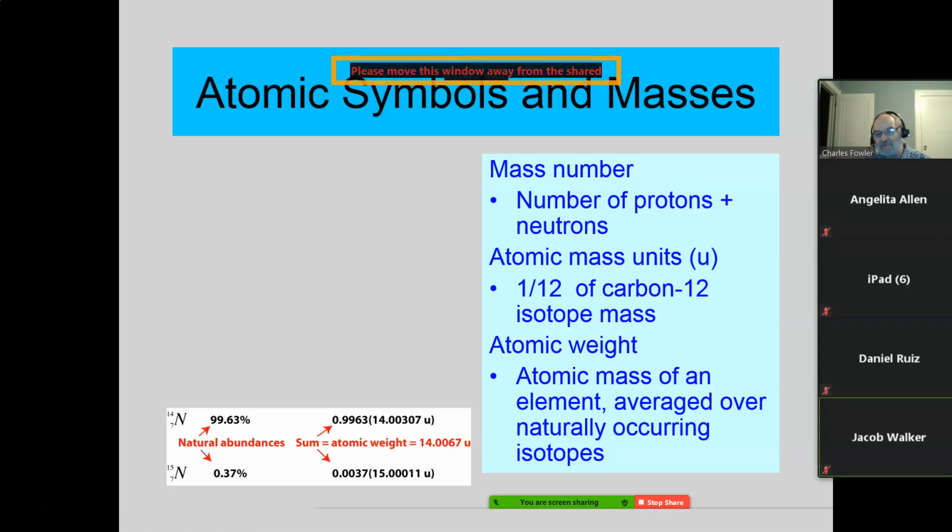Basically what that tells you, when you look at this, you see most of nitrogen is atomic mass of 14. And sure enough it is. 99.63% of it is. Okay, that's most of it. That's what looking at the mass number will tell you.